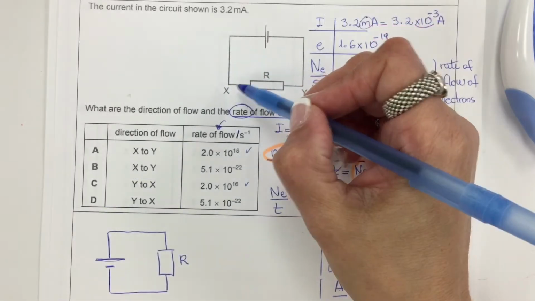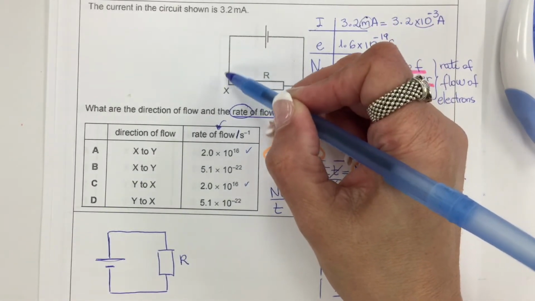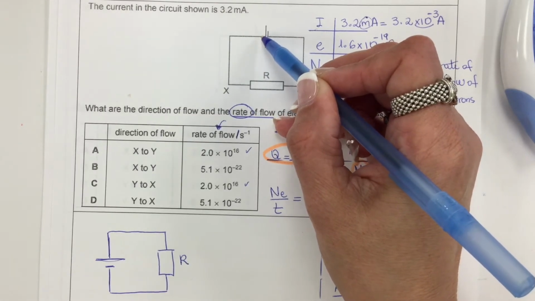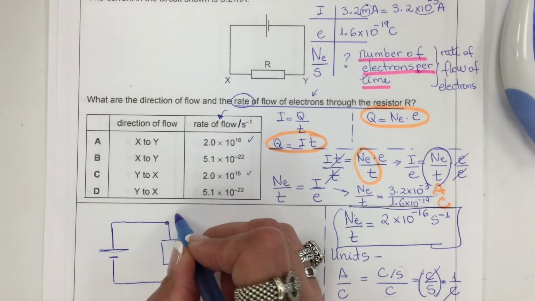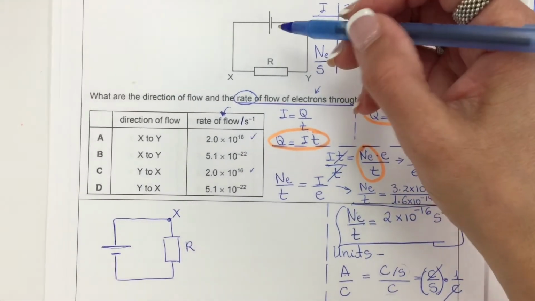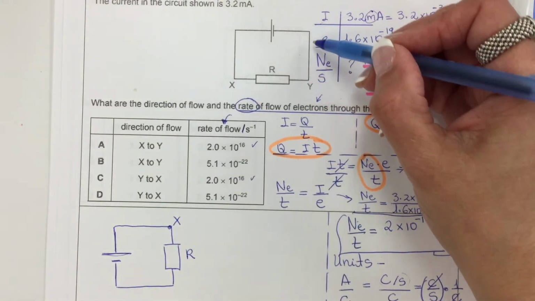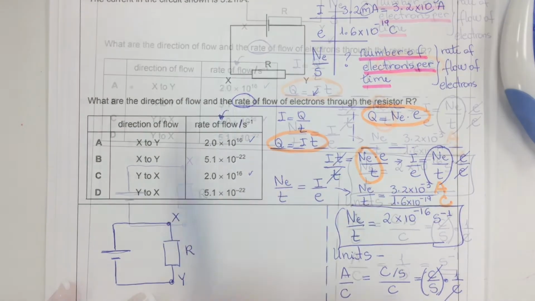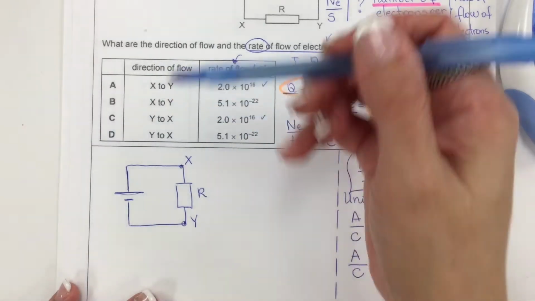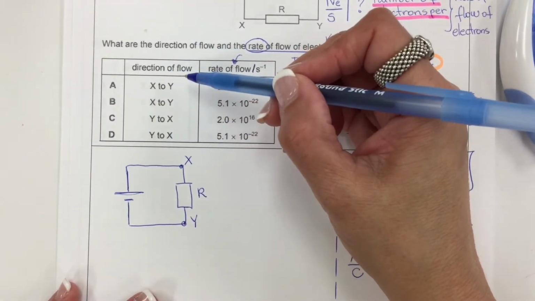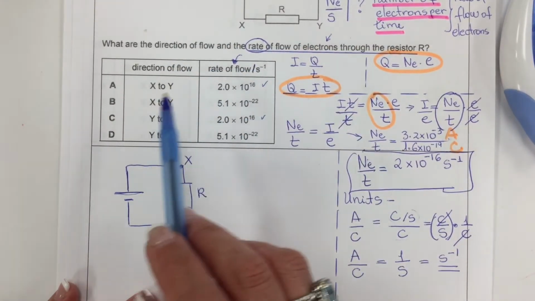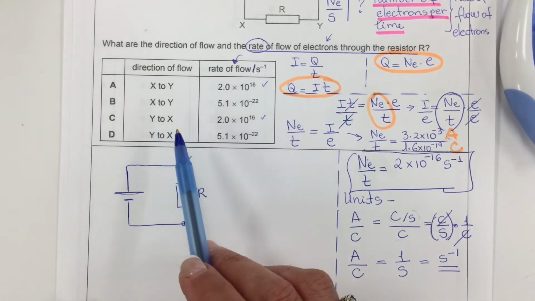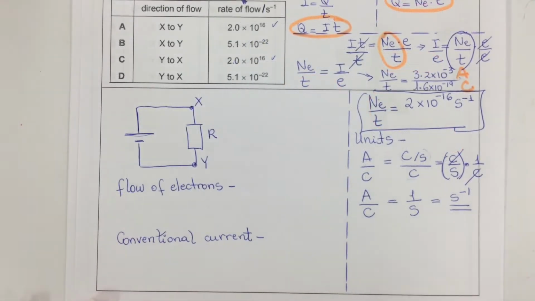As you see, the X terminal of R is connected to the positive side of this battery, so that will be your X. And the negative side of the battery is connected to the Y. Why am I doing this? Because the options for the direction of flow of electrons are either X to Y or Y to X.